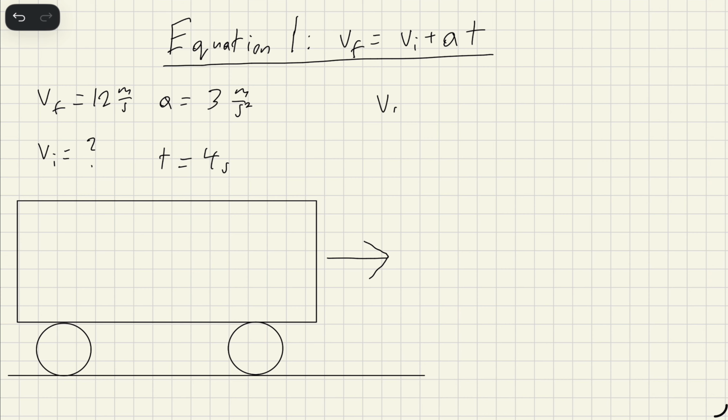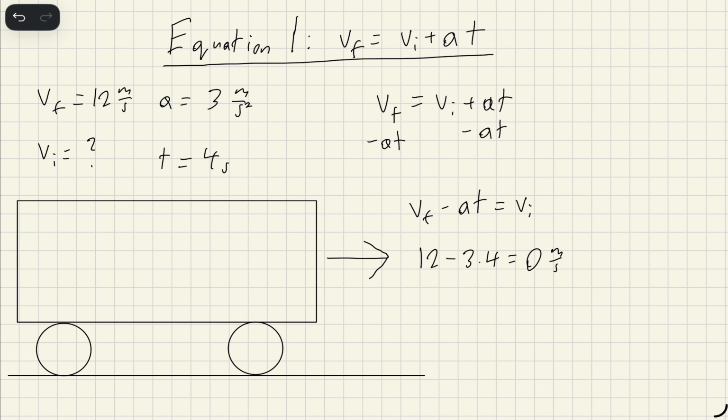So instead of having final velocity equals initial velocity plus acceleration times time, we can subtract acceleration times time from both sides. And we end up with final velocity minus acceleration times time equals our initial velocity. If we use the same variables from earlier, we end up with 12 meters per second as our final velocity minus 3 times 4, which is 12 minus 12, and we get the initial velocity of 0 meters per second.